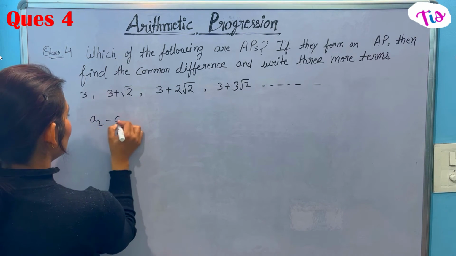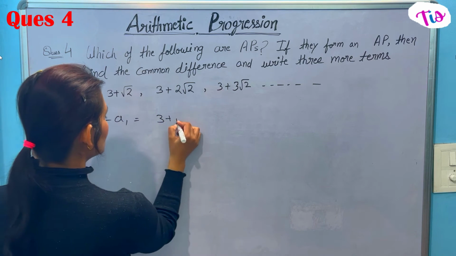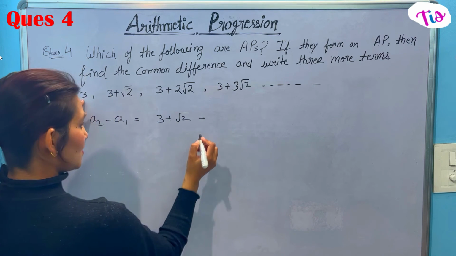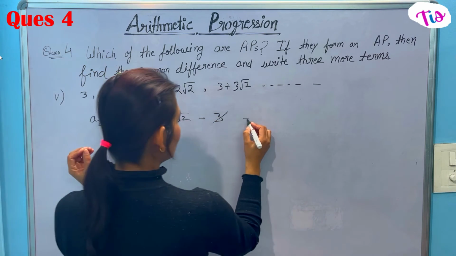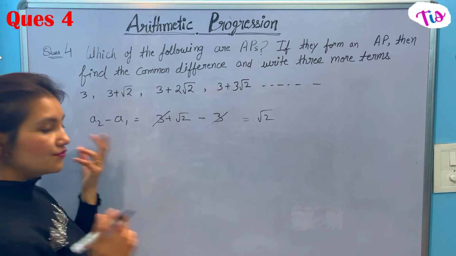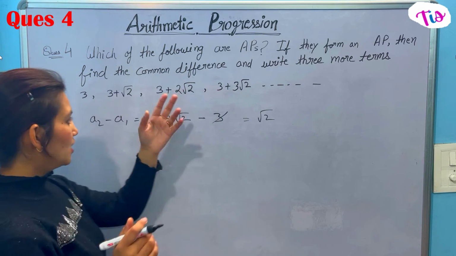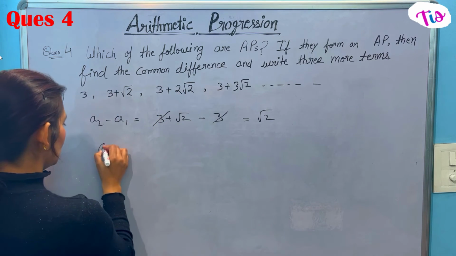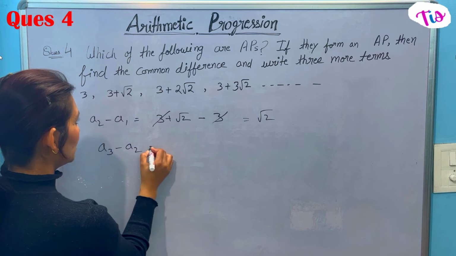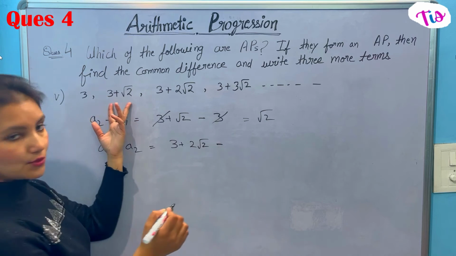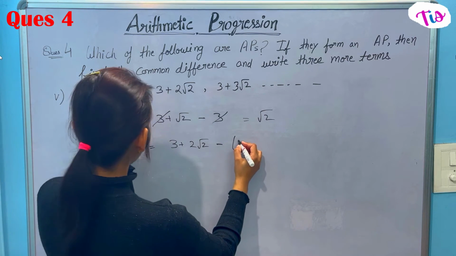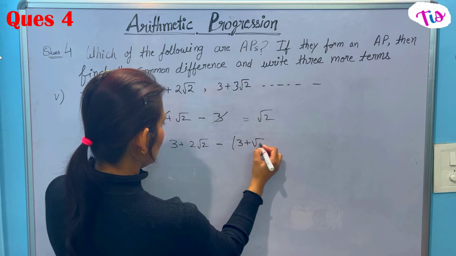A2 minus A1. A2 is 3 plus root 2 minus A1, which is 3. So 3 minus 3 will be cancelled out and we'll be left with only root 2. So the difference A2 minus A1 is root 2. Now let's find A3 minus A2. A3 is 3 plus 2 root 2 minus A2, and A2 is 3 plus root 2, so we'll keep this in a bracket.